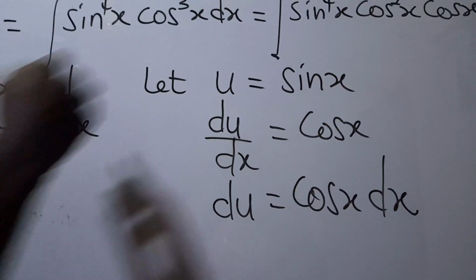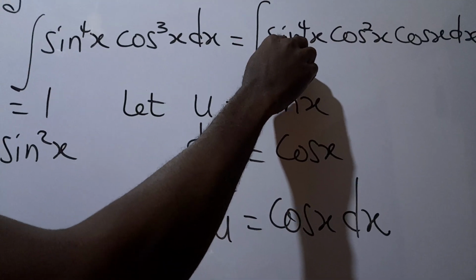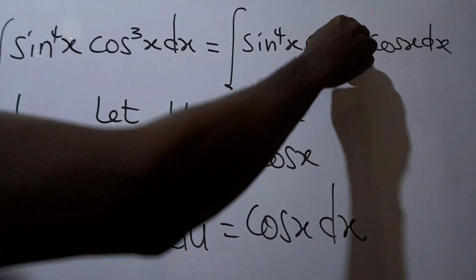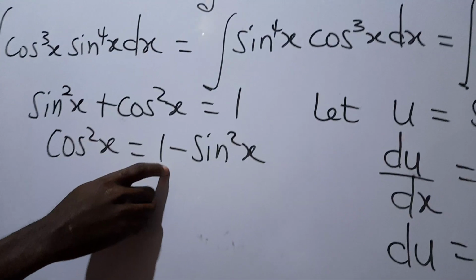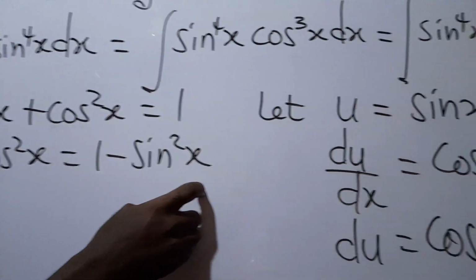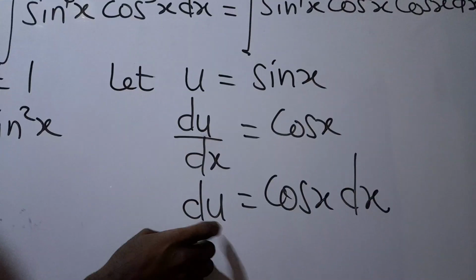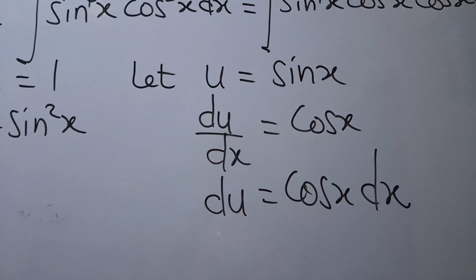So now in place of sin x we substitute u. Then in place of cos²x, we substitute 1 minus sin²x. Then in place of cos x dx, we substitute du. So now let's go.